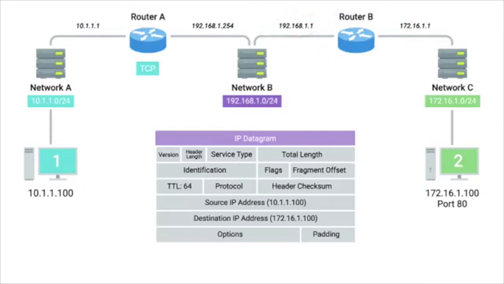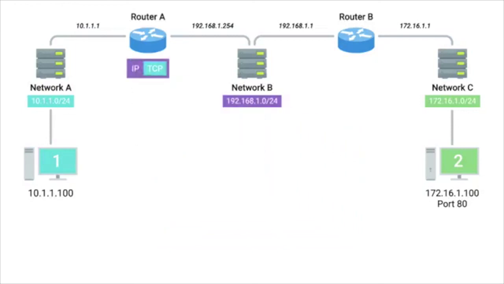192.168.1.1. Router A looks at all the data in the IP datagram, decrements the TTL by 1, calculates a new checksum reflecting the new TTL value, and makes a new IP datagram with this data. Router A knows that it needs to get this datagram to router B, which has an IP address of 192.168.1.1.